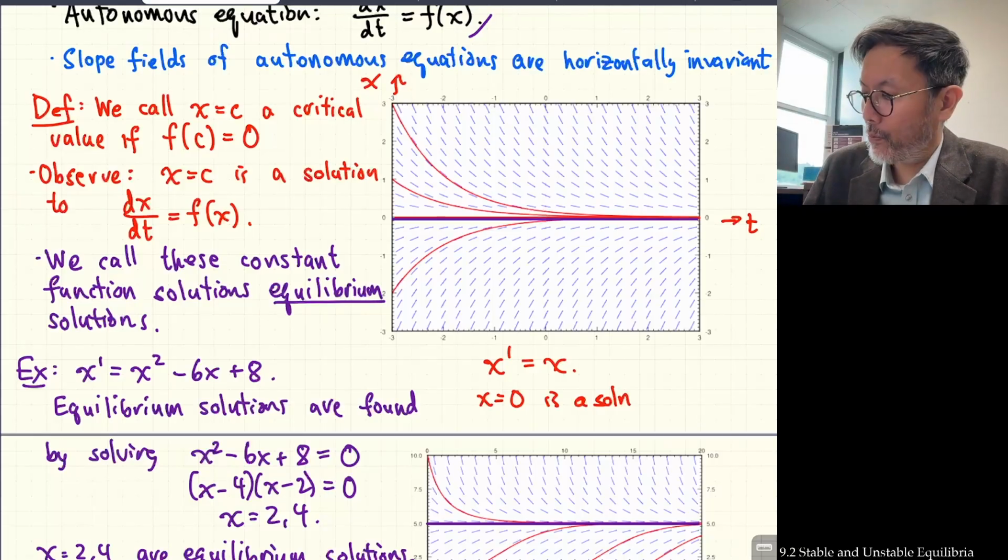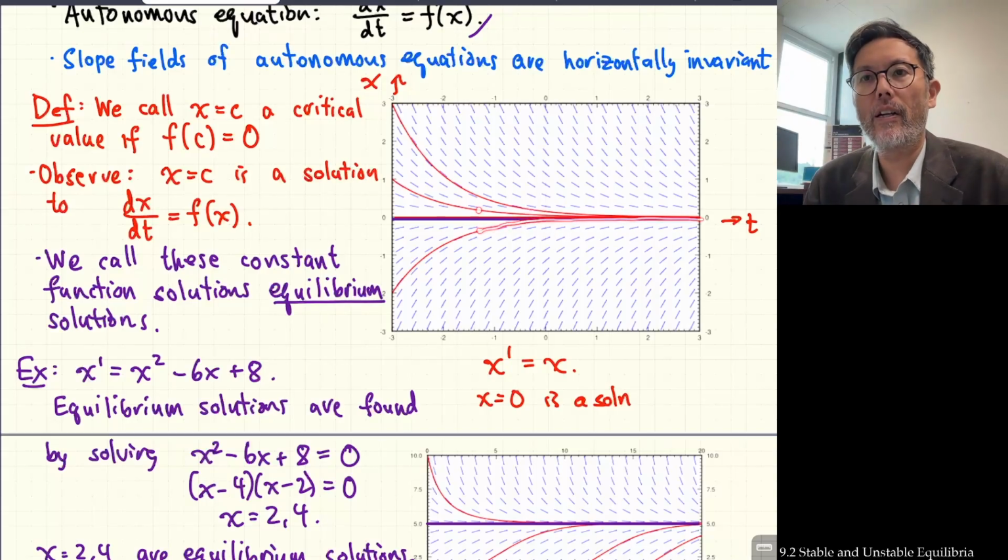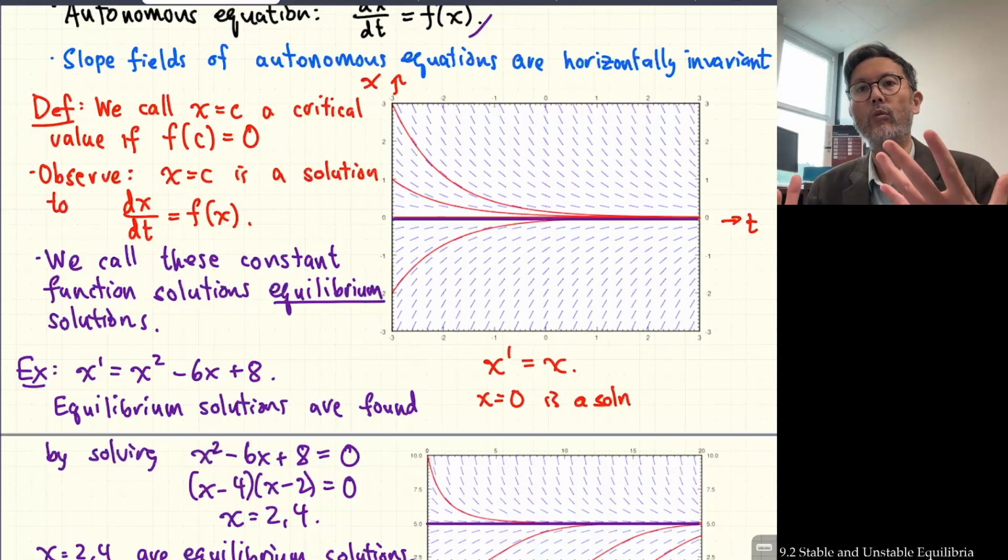It doesn't matter if you perturb yourself a little bit above or a little bit below, either way, you're going to get closer and closer to x equal to 0. For that reason, we call this particular equilibrium solution a stable equilibrium.